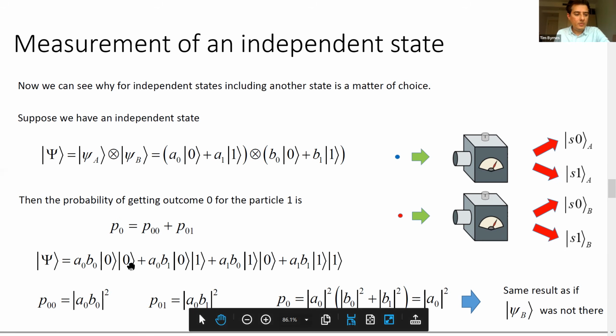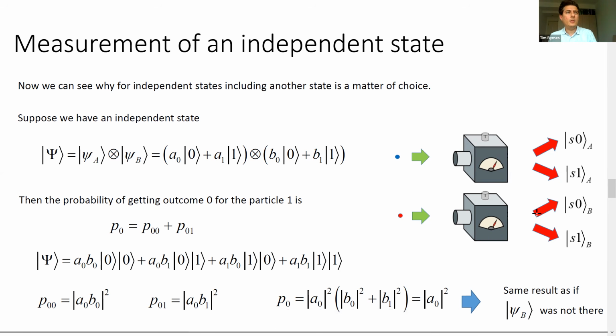We calculated the probabilities of those 2 cases, and we worked out that indeed it doesn't depend upon anything to do with Bob's case. And basically you get the same result as if Bob was not there.